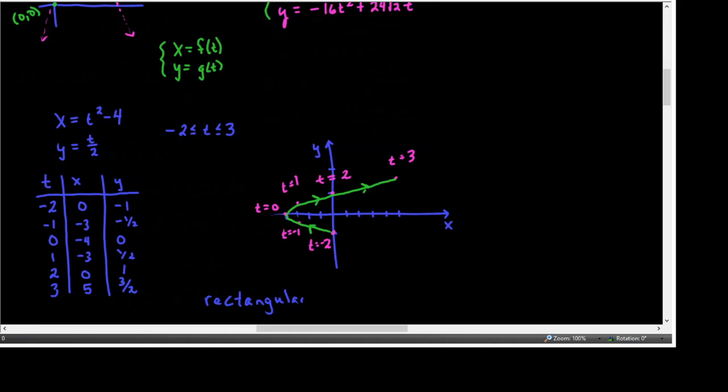So the rectangular equation is often of interest to us. And to produce it, we're going to do something called eliminating the parameter.